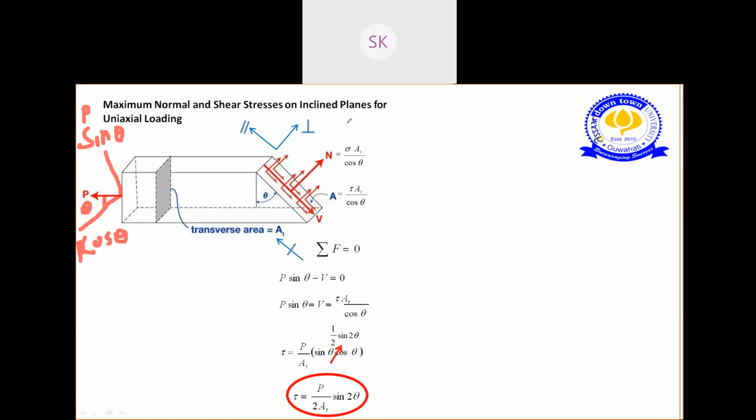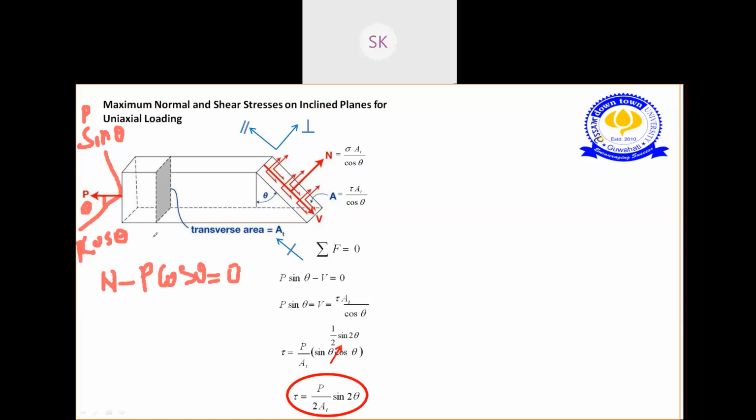So I am taking N as positive. You can take any direction. If you are taking this as negative, you can take this as positive. So I am taking N as positive, in this direction, and this is in the opposite direction. So I am taking minus P cos theta equals 0. Why 0?